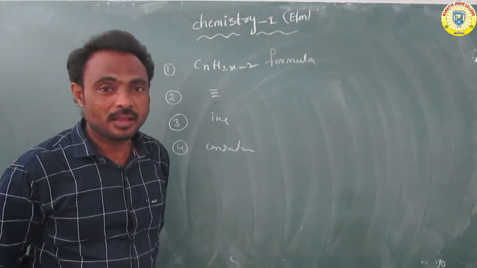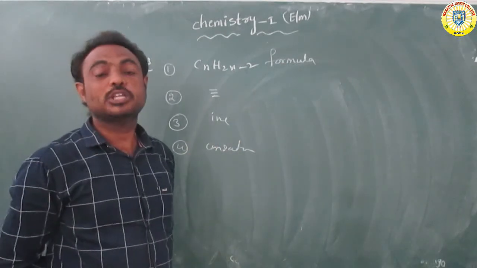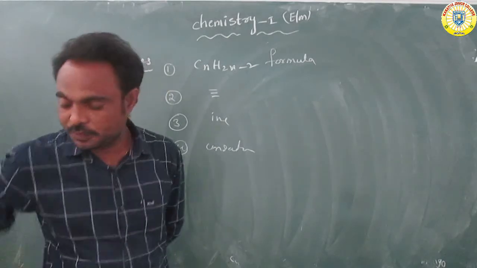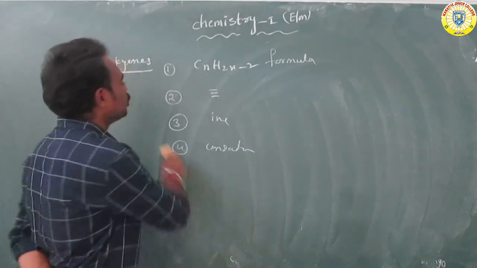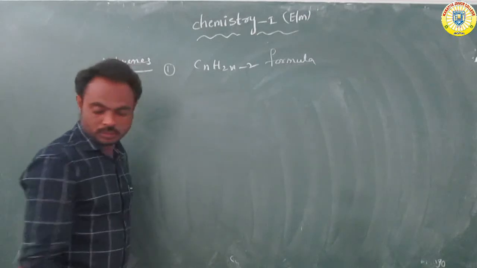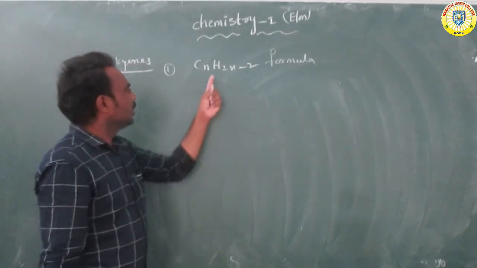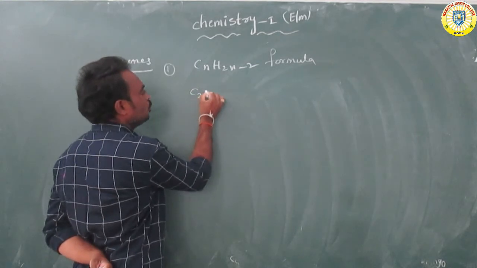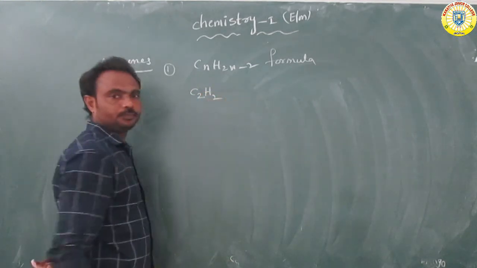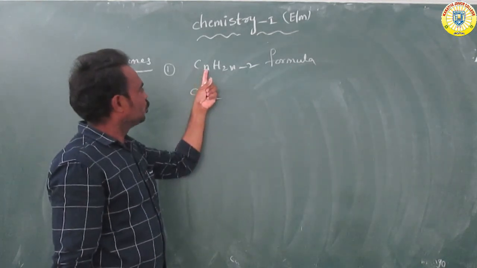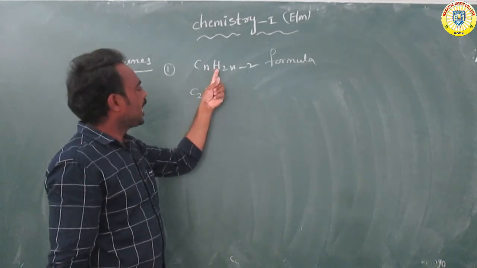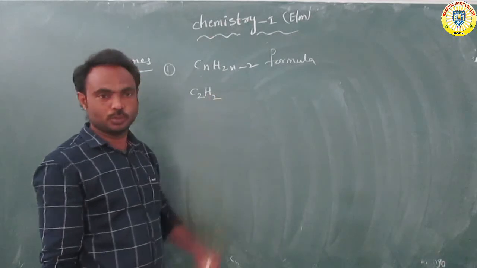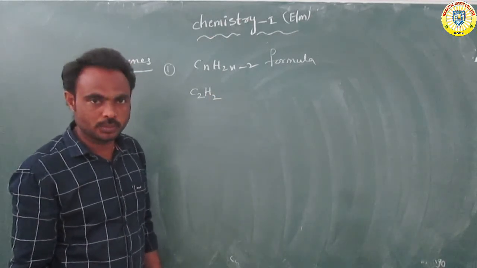What are alkynes? What are examples of alkynes? Suppose we substitute n equal to 2 in this formula. C2H2: 2n is 4, minus 2 gives H2, so C2H2.